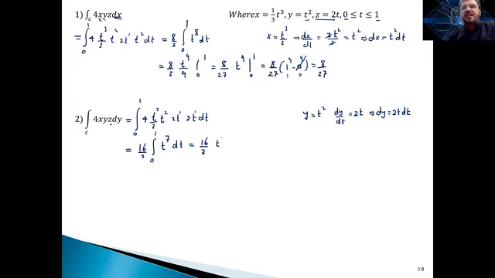This is t to the 8 over 8 from 0 to 1. And what is this equal to now? So this 8 with 16 is 2. So we get 2 over 3 t to the 8 from 0 to 1. So what do we do now? We plug the 1 first minus 0 second, and we know this is all 1. So this is 2/3.